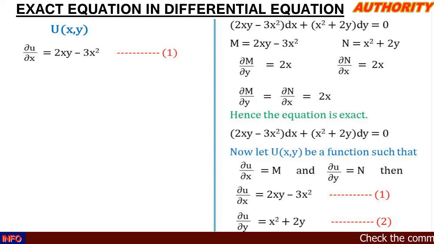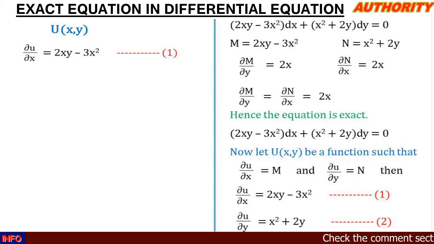To find the function, we remove the derivative. And for us to remove the derivative, what do we do? We integrate, or we take the integral of that function.